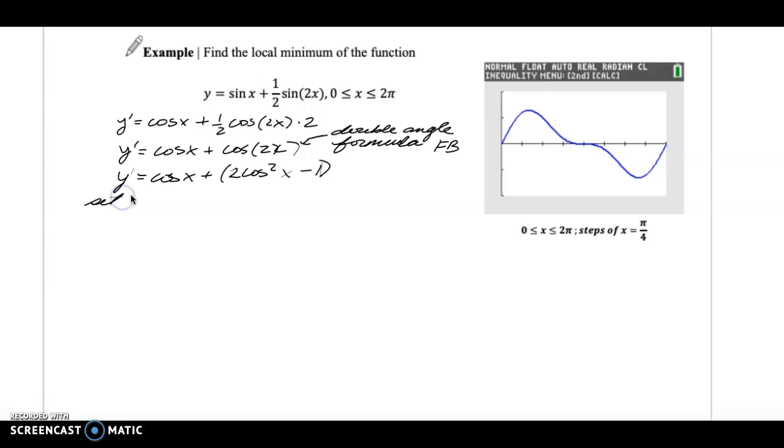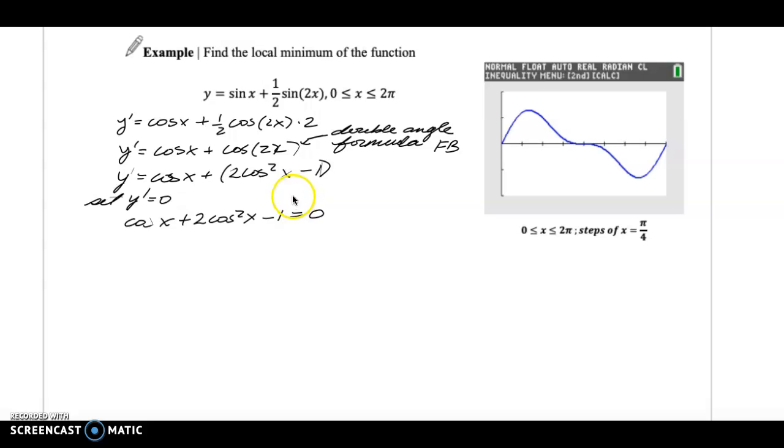set y prime equal to 0 because that's going to give us our critical values, right? So when we have then cos x plus 2 cos squared x minus 1 equals 0, we'll take a look at this.